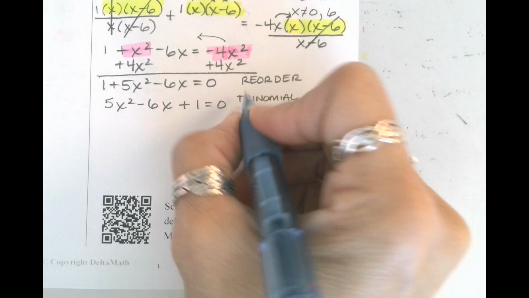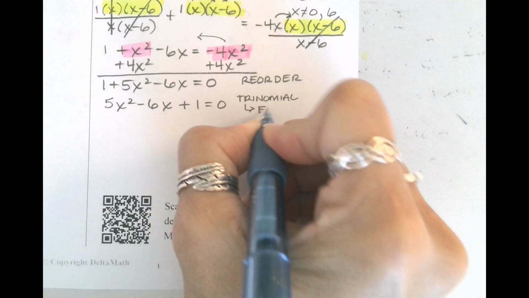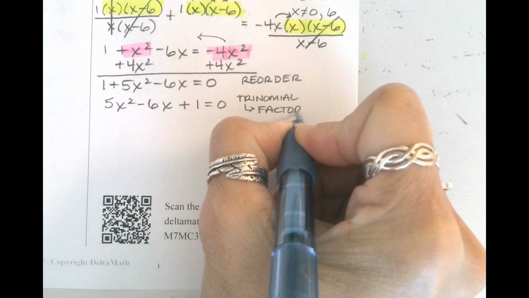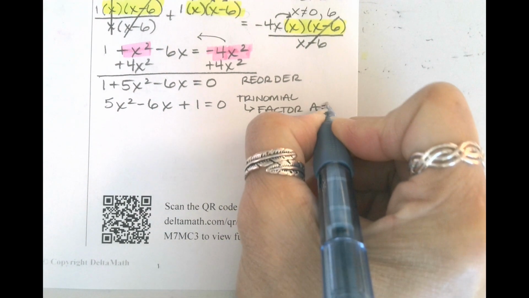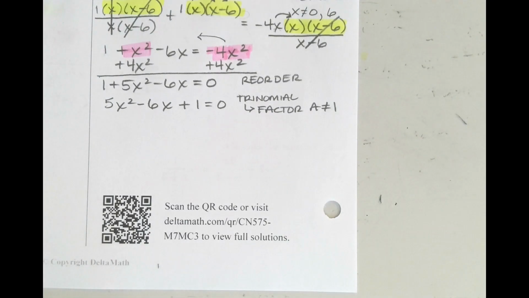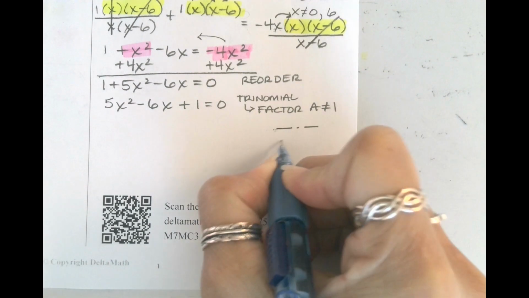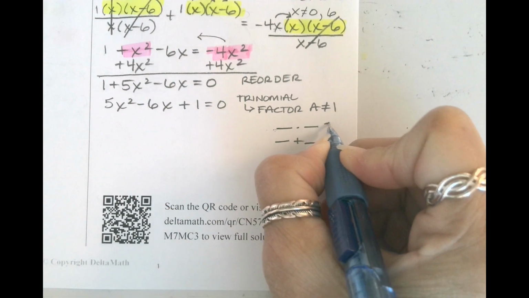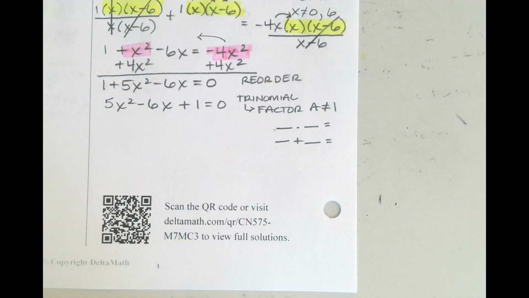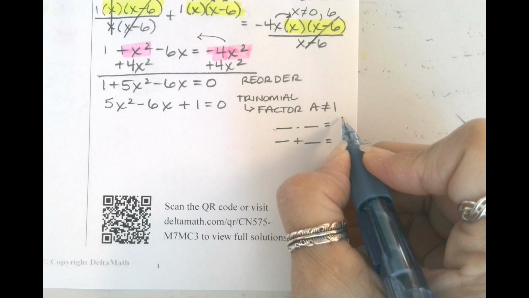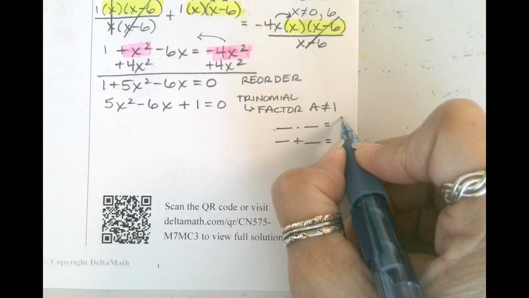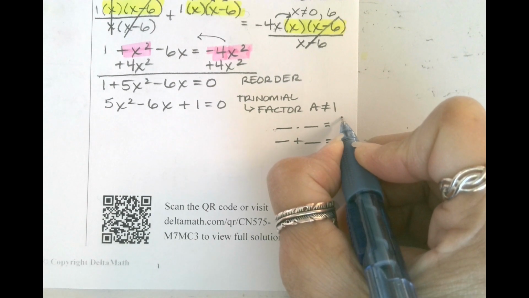So notice that this trinomial you need to factor, but this time our A is not equal to 1 like the previous problem, so factoring is slightly different. You are still going to do the questioning technique of what times what and what plus what, but the values you are equaling are going to be different. So what number do I put up here for the multiplication? What times what equals 5?